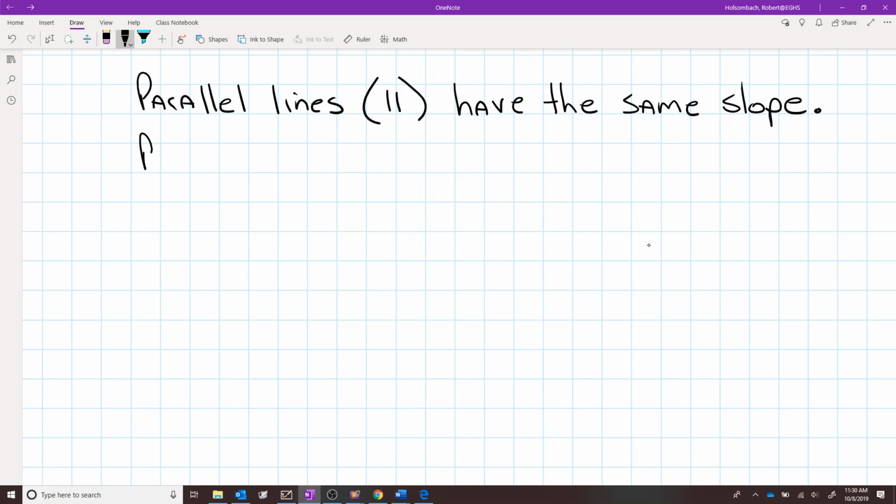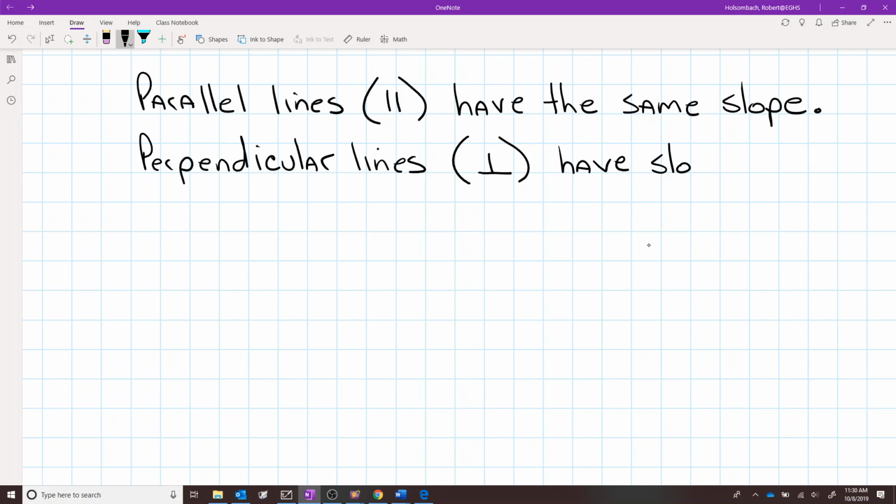Perpendicular lines. Perpendicular, the upside down T is the symbol. Perpendicular lines have slopes that are negative reciprocals.